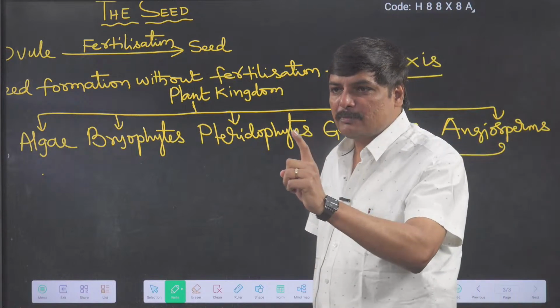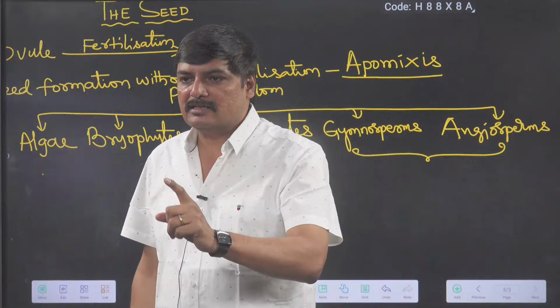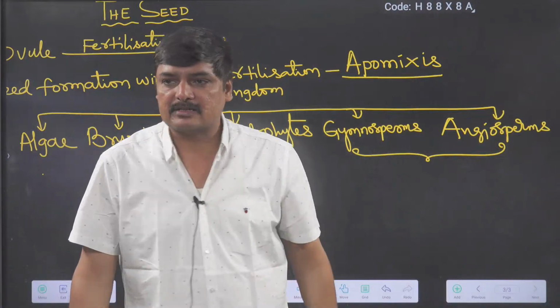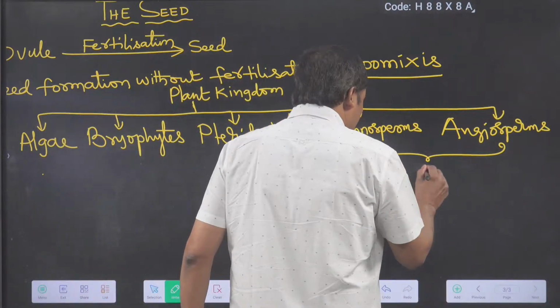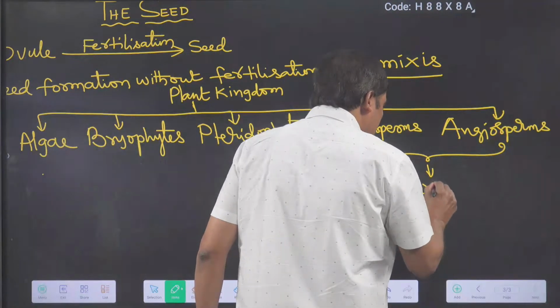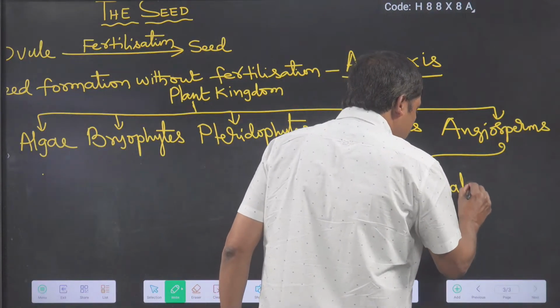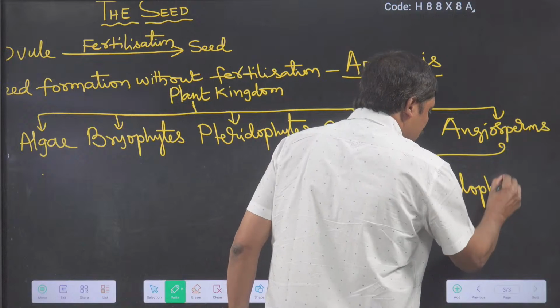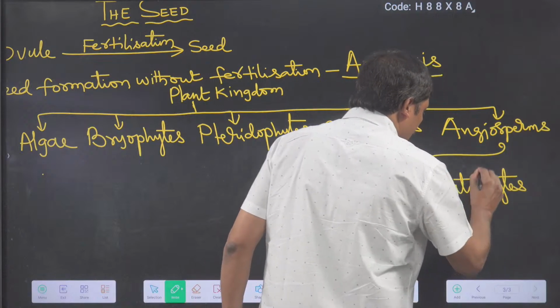Seed producing plants are commonly called spermatophytes.